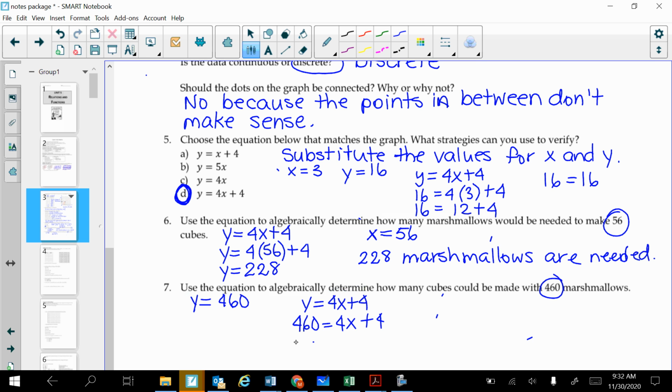So 460 take away 4 is equal to 4x. My SMART files are very laggy this morning. 460 minus 4 gives me 456.